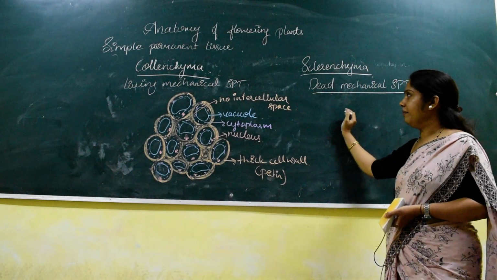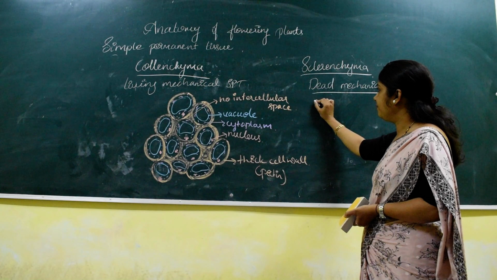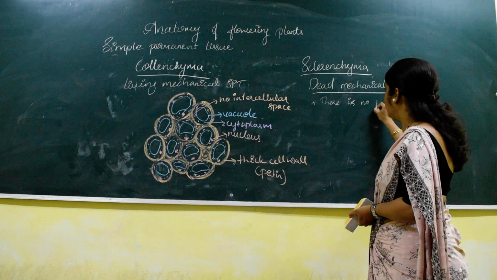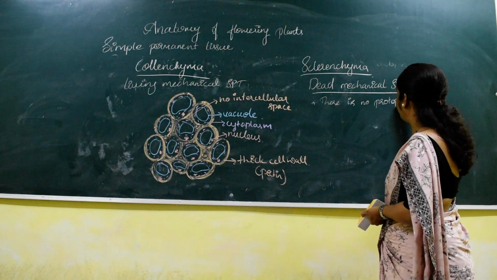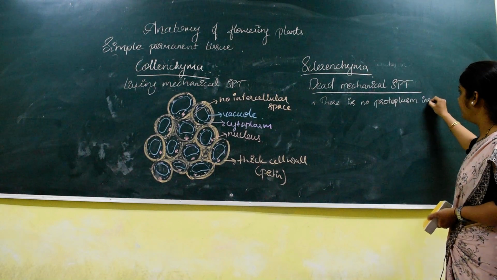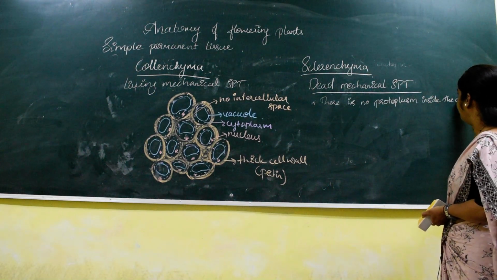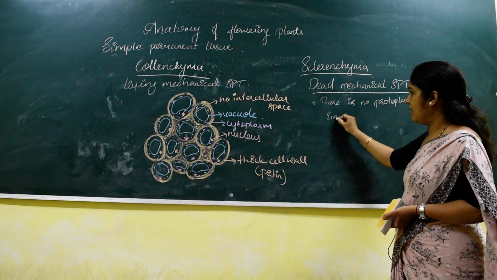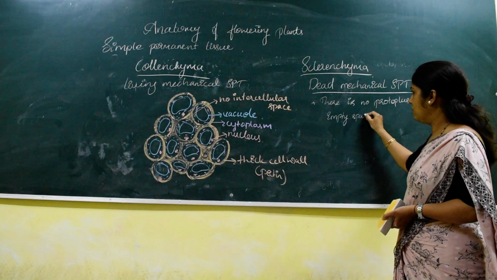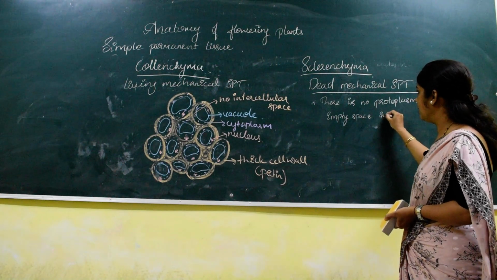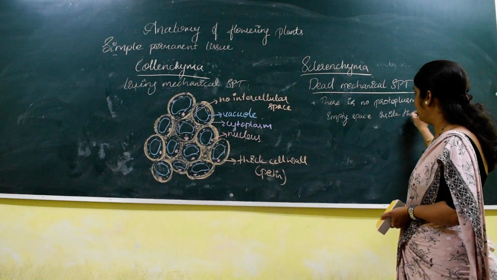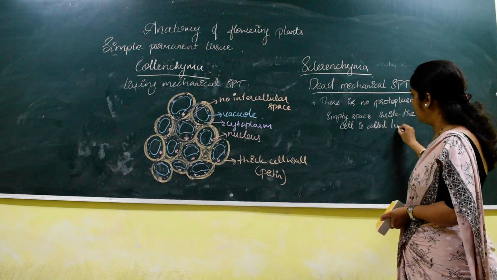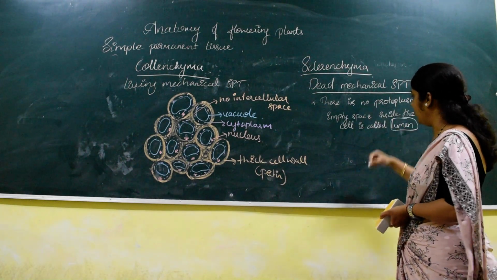So now the Sclerenchyma, as we have said, is dead, there is no protoplasm inside the cell. Hence, inside the cell there is an empty space. The empty space inside the cell is called lumen, L-U-M-E-N.